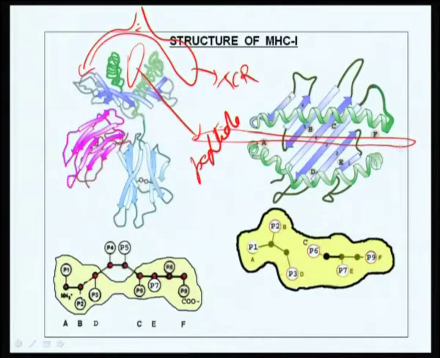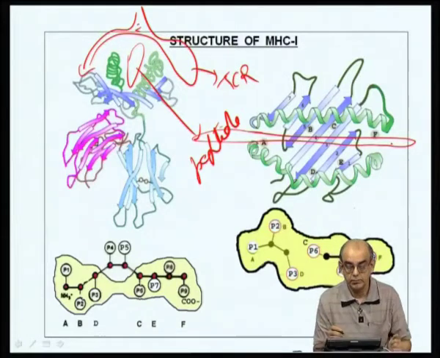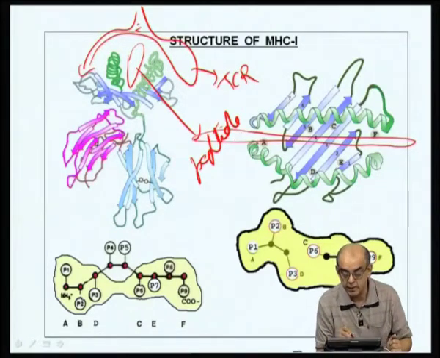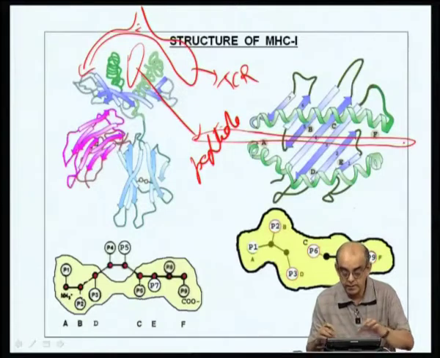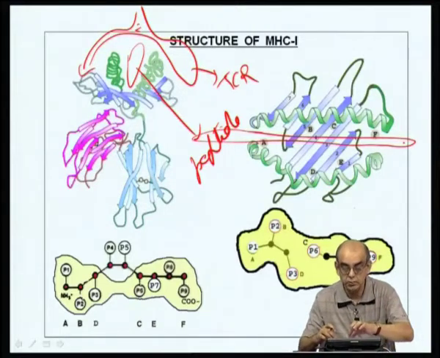Confirming this, they actually found that the peptide sitting within this groove extended beyond 9 amino acids, up to 13 or even larger. More than 13 amino acids could be accommodated in the class 2 groove, basically because the class 2 groove was open.